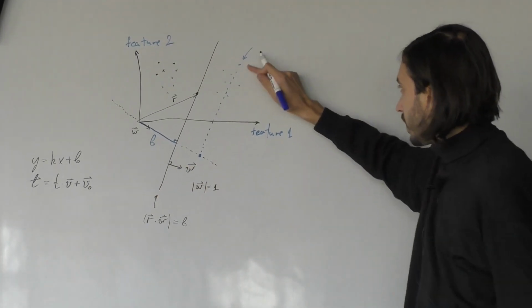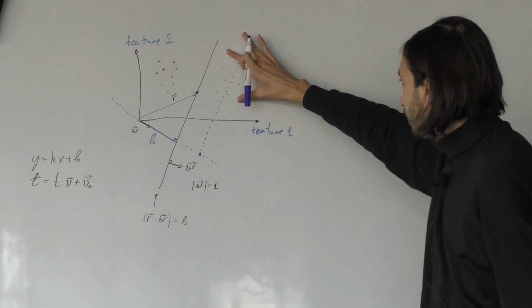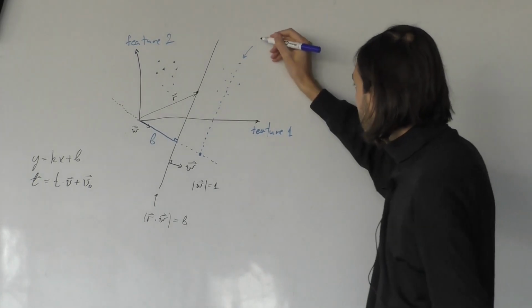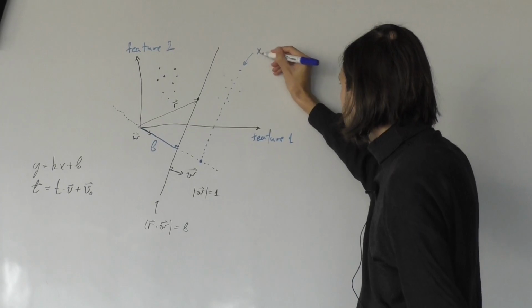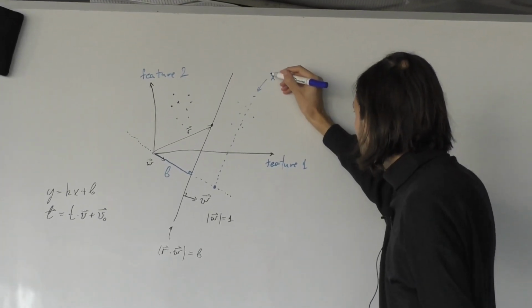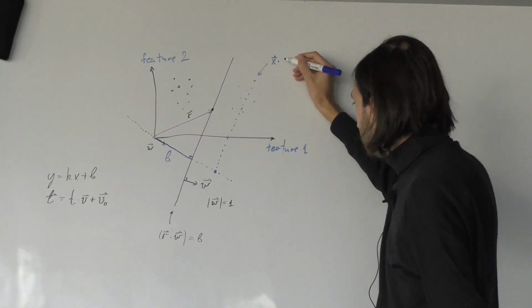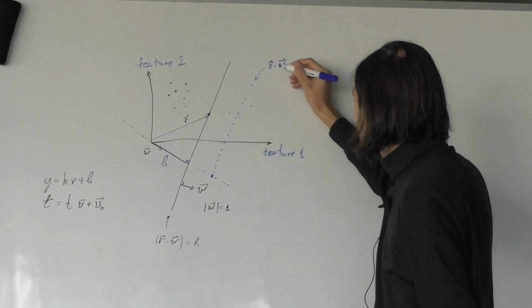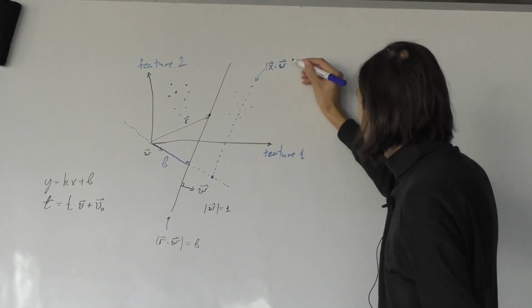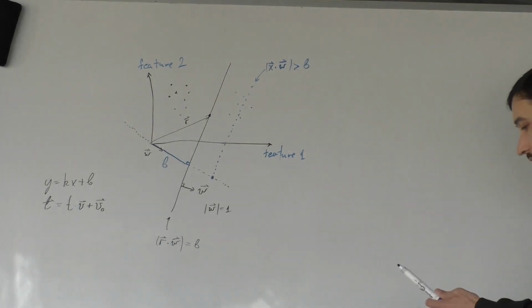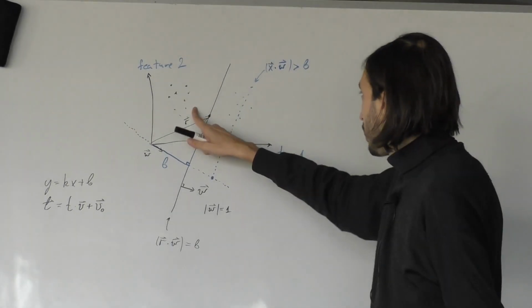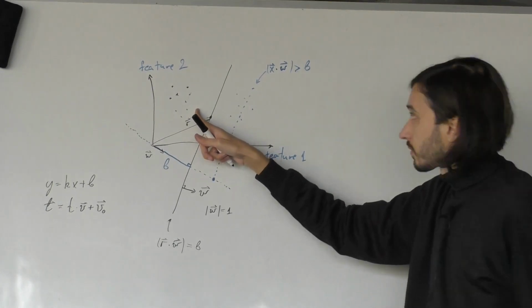So for these points of the class blue, I can definitely tell you that any of these points, let's call them, for example, x, x times w should be greater than b. Now these black points, what about them?